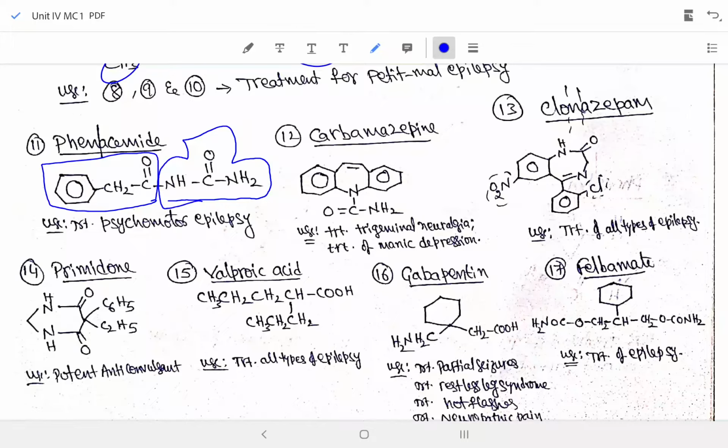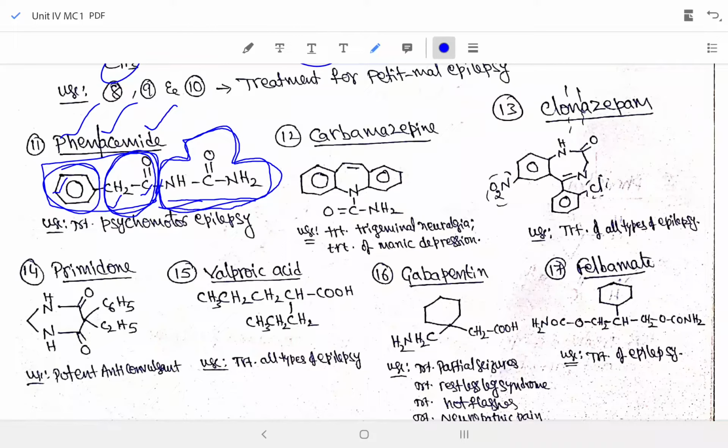This group is a phenyl ring with a methyl bridge and a carbonyl group. So, phenacemide. Why "ace"? It indicates an acetyl group that is attached to a phenyl group. Amide: where is the amide? Amide is there in urea. In urea you have the amide group. So, phenacemide.